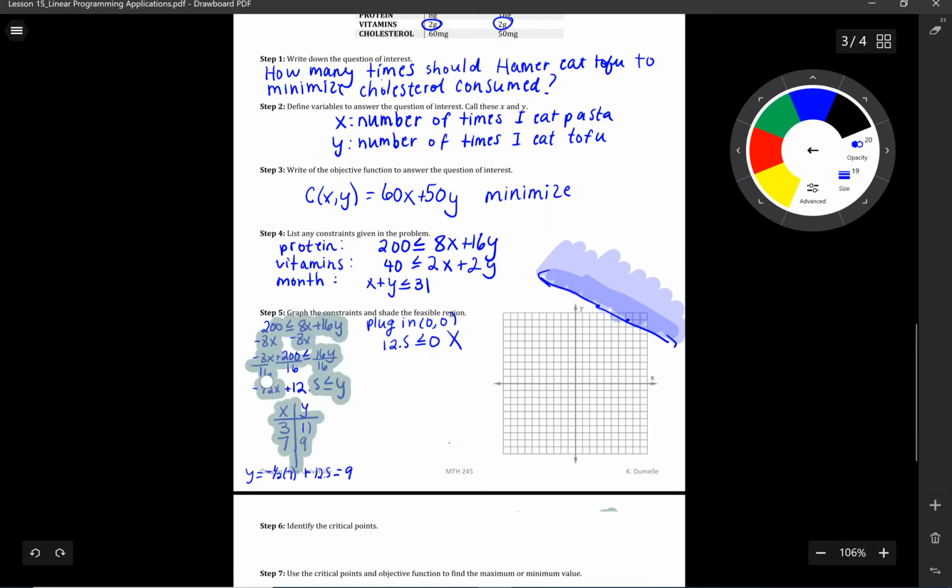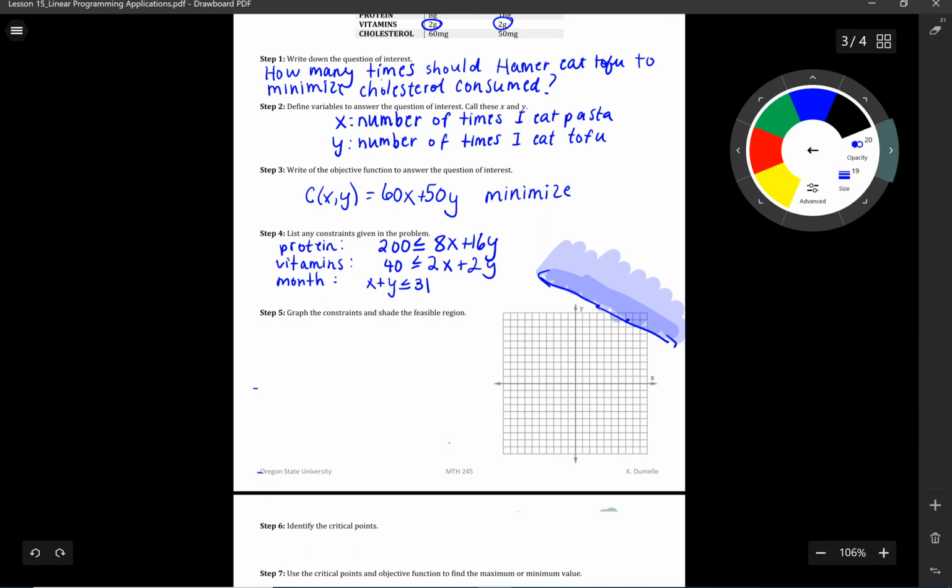All right, that's my first equation. I'm going to erase all this so that we have room for the other one. So now I have vitamins that I have to deal with. I have 40 less than or equal to 2x plus 2y. Solving for y, I first subtract 2x to the other side to get 40 minus 2x less than or equal to 2y. And then I divide both sides by 2 to get 20 minus x is less than or equal to y. Okay, so let's plug in some points here.